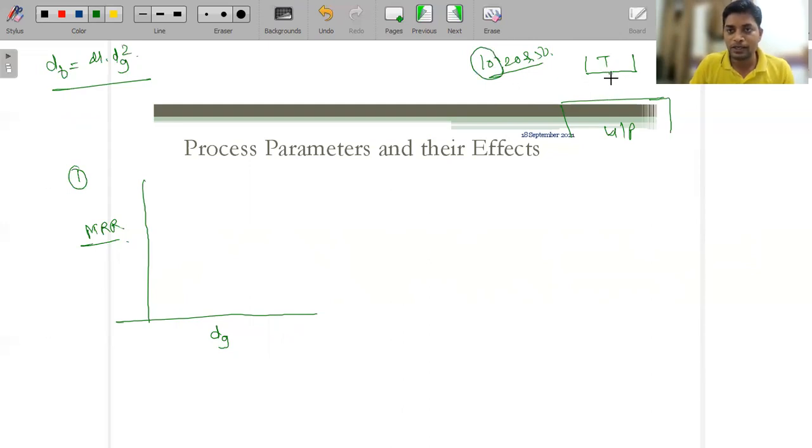Whatever the space is there, if I'm just considering that into a single line or single column, then there are a number of particles, like 1 2 3 4 5 6 7. And if we are considering the 50 micron size, here it was 7 or 8, but here only 5 or 6 is there. So the size has been reduced.